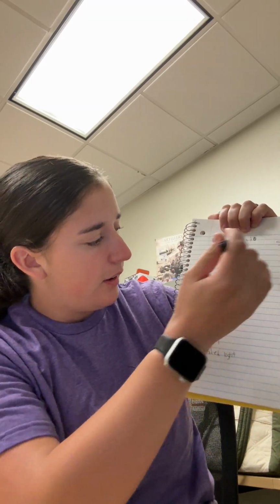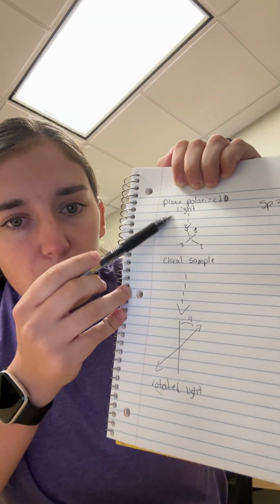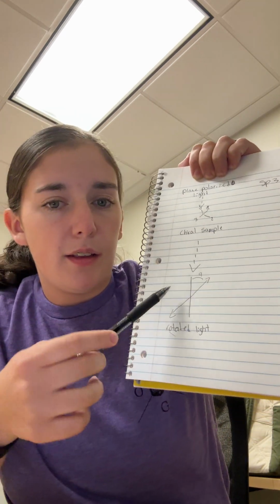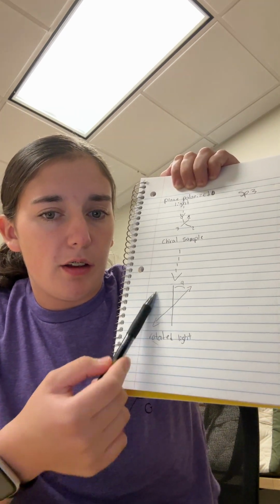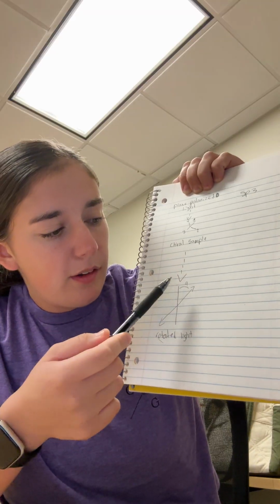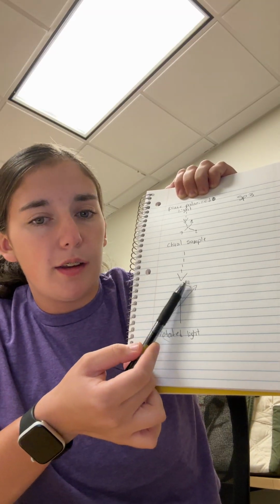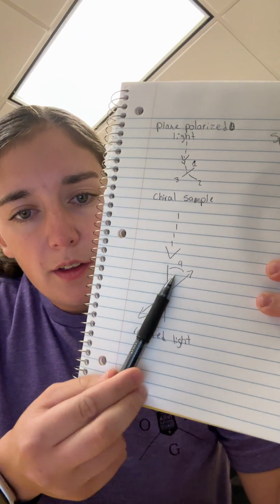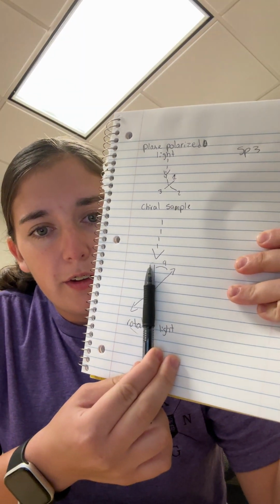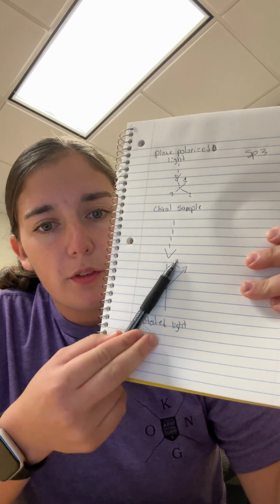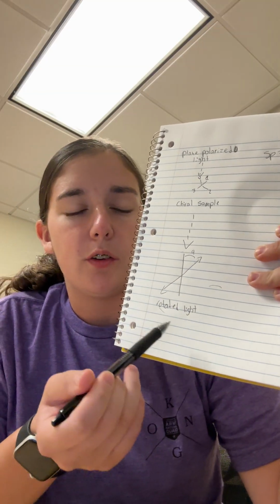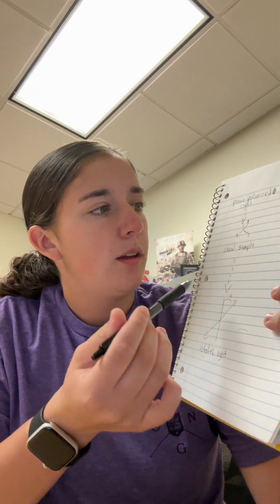So then, boom, light passes through, goes down, and this is where you can tell if it's either clockwise or counterclockwise depending on how the light rotates. So since it is asymmetrical, let's say you find the extinction point and you go until you find it again, then you can go around the whole circle and continue to find it because it is asymmetrical.